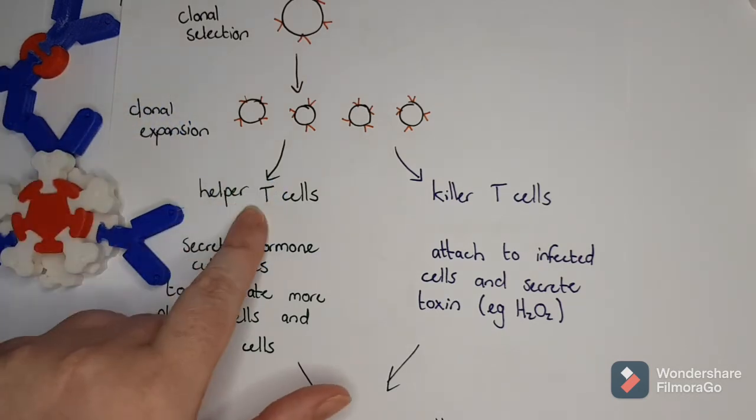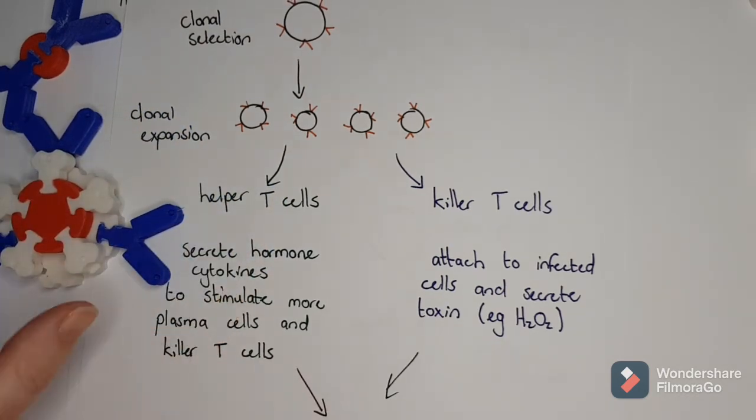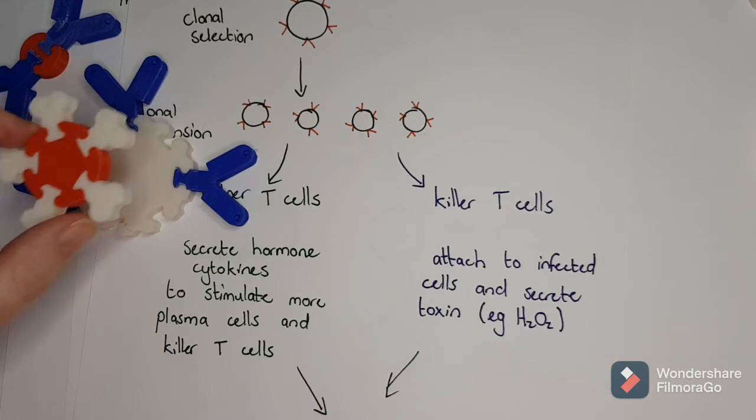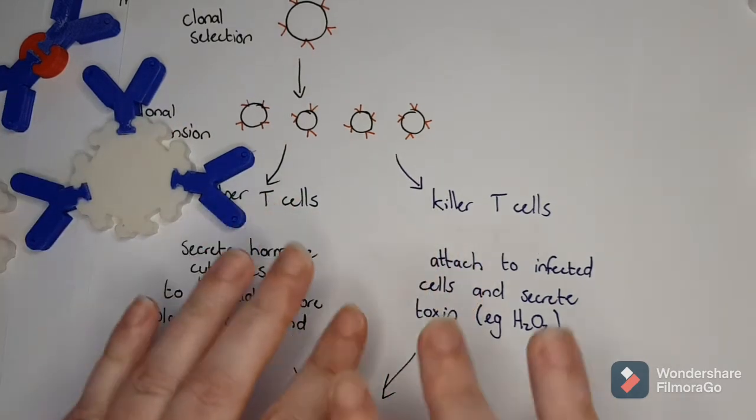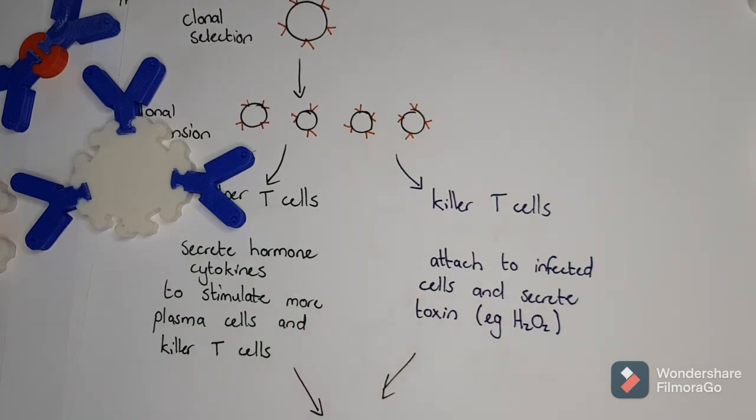So those helper T cells with those cytokines start making a whole lot more of those plasma cells and those killer T cells, and those then go everywhere in the body to try and get rid of anything that is foreign or considered foreign. But in order to do that, they start crossing your blood vessels to get to where they need to go for those cells.